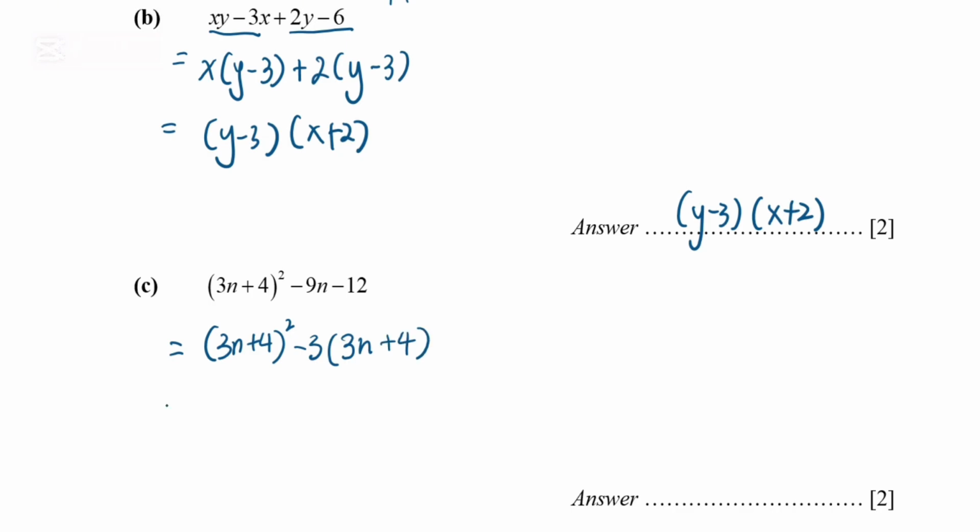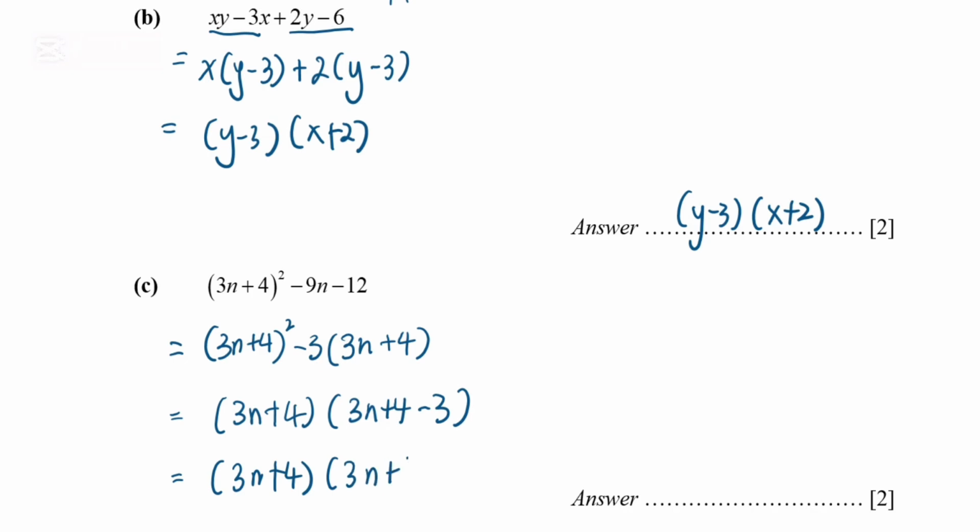Then what you realize is, hey, isn't this a common factor between the front and the back terms? So if you take that out, you're left with 3n plus 4, one copy of it, minus 3. And you will get 3n plus 4 times 3n plus 1. And that is your final answer.